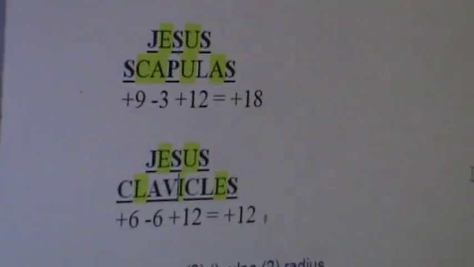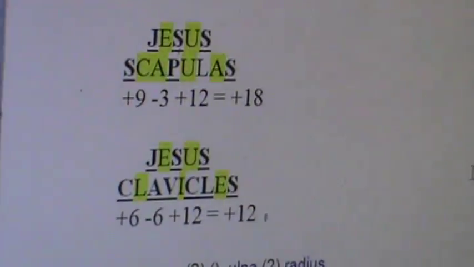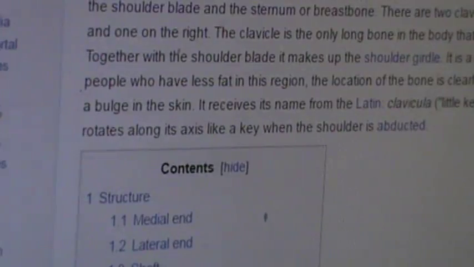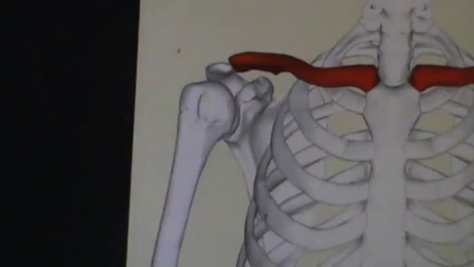There you have it. Jesus, so we solved your scapulas for Jesus and your clavicles for Jesus. That's good. So that's what you're looking at. There's your clavicles, and then your scapulas are just behind them. And then we solve sternum for Christ.